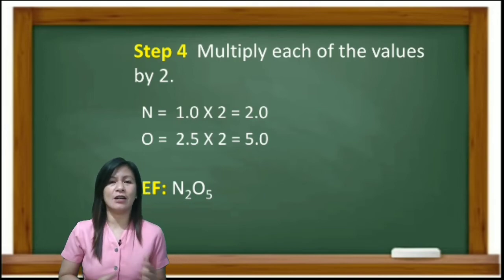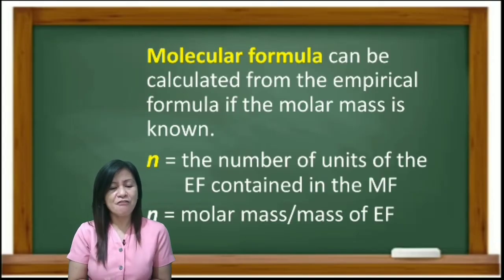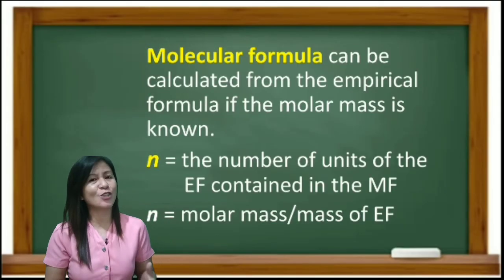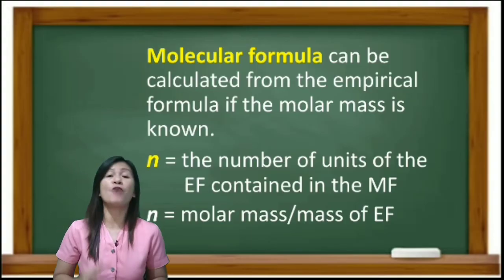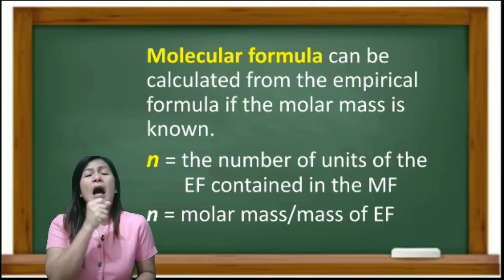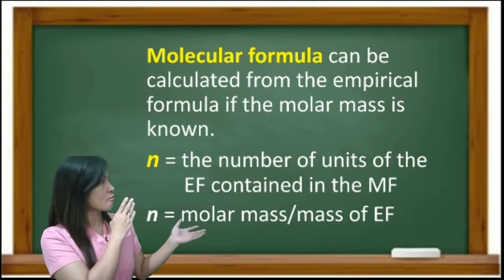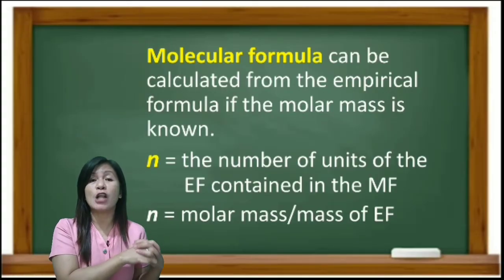I hope that's clear. Let's now move on to the last topic, molecular formula. Molecular formula is related to empirical formula. Molecular formula can be calculated from the empirical formula given the molar mass of the compound. This time, we will need to determine the value of n.